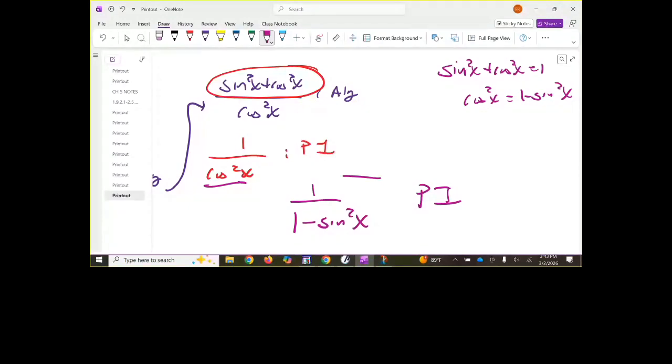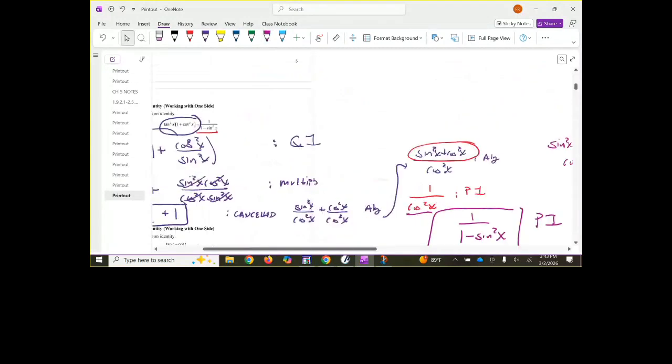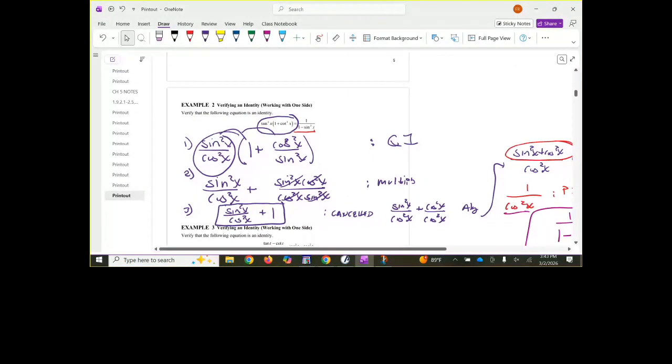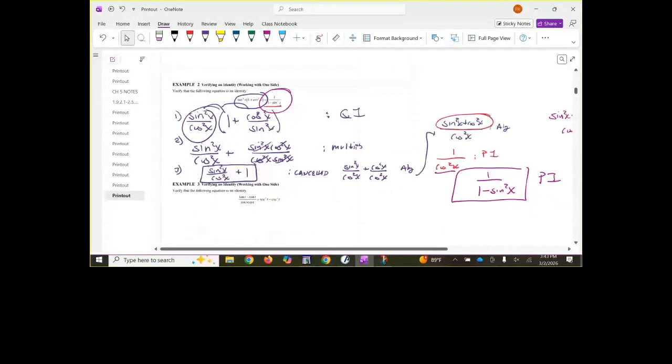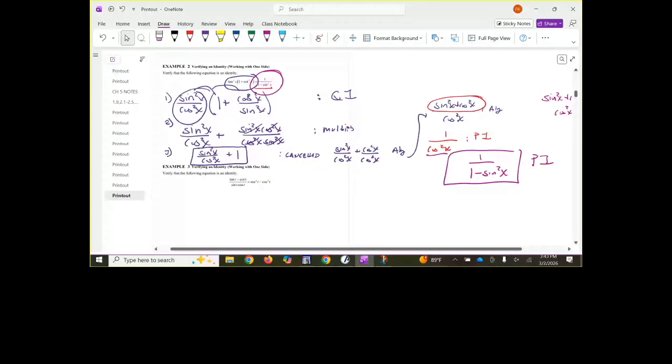If you notice, what we have on this side is that piece right there. The whole point of doing this kind of stuff is that yes, I can make it look like the other side. How? What are the steps involved in getting there?